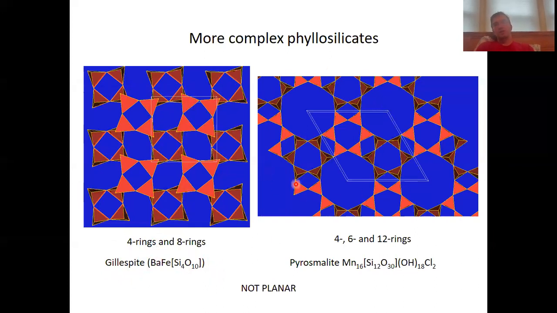Okay, so here's another example where we have even larger rings. So here we have actually four-, six-, and twelve-membered rings. You see here that within a six-membered ring, all tetrahedra point in the same direction.